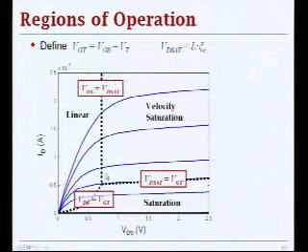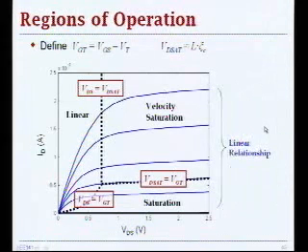Then we have velocity saturation that occurs early. And for small values of VGS, we have a classical saturation region. As you see, this boundary is still this quadratic boundary from the good old quadratic CMOS. So you have this boundary defined by VDS is equal to VGT. That's the boundary between linear and saturation. And when your gate to source voltage exceeds this VDSat, then we have velocity saturation. That's a pretty simple model.